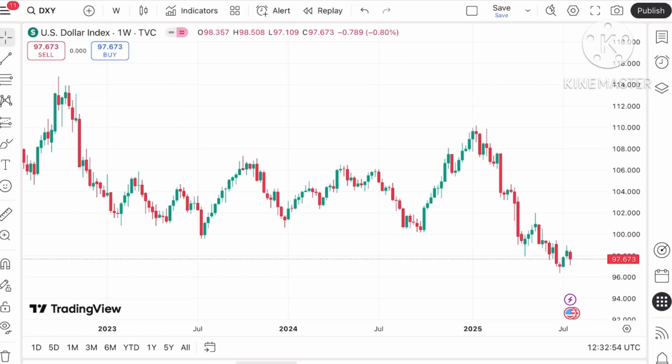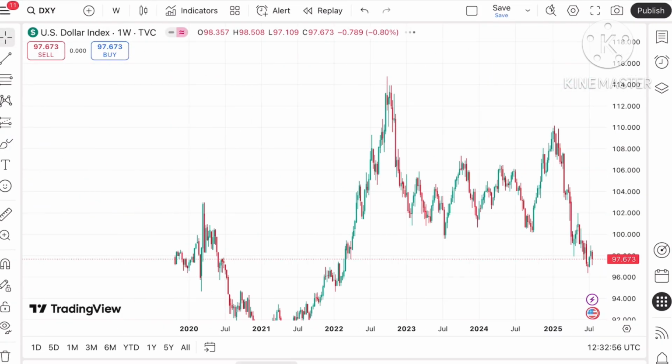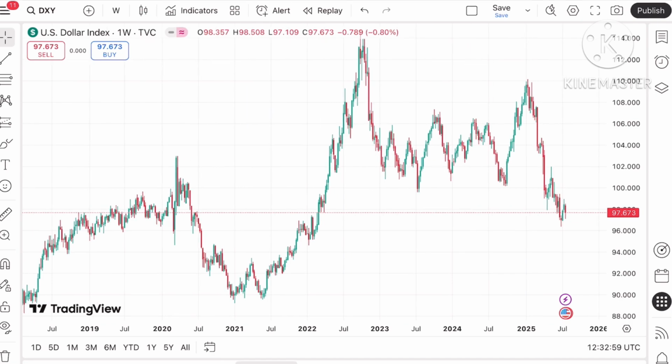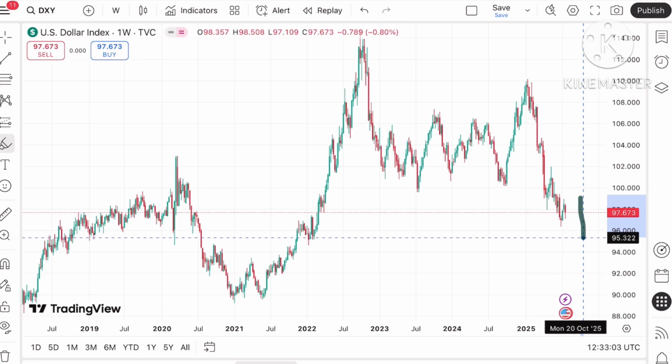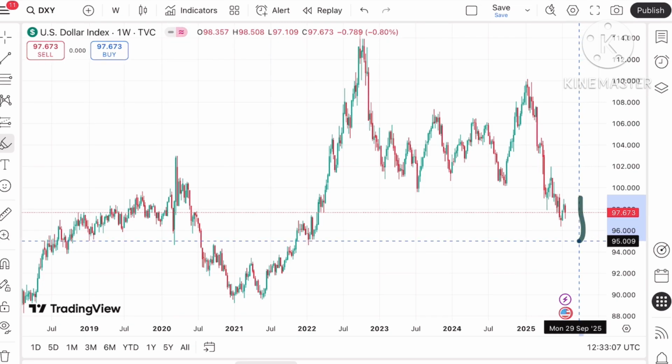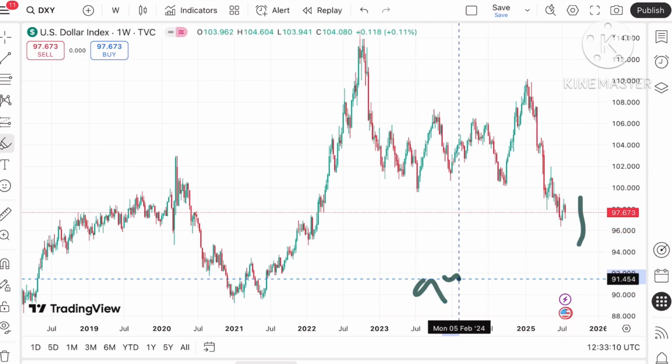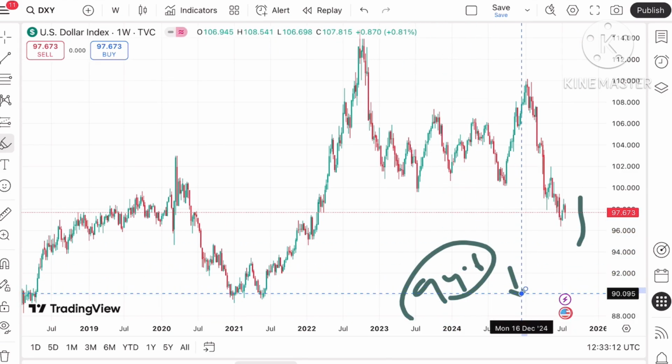The dollar index is now trading at a level of 97.63, and a pattern is forming showing a downside. If it starts falling below this level, it can touch 96.3, and from there a further fall we can see towards 95.5, then to 94.9, and then a further downfall towards 94.6 and then further low.